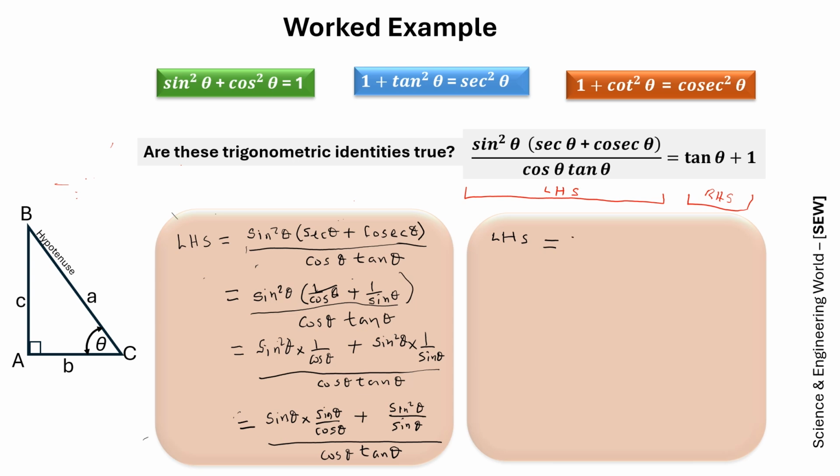So we can write sine theta multiplied by tan theta, plus sine squared theta divided by sine theta, which is going to give us sine theta. Then all over cos theta tan theta. Good.